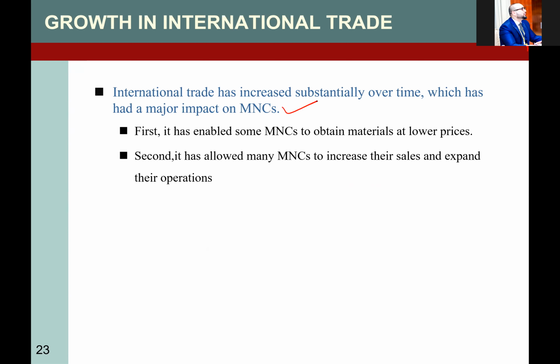Number one, it has enabled some MNCs to obtain materials at lower prices. Secondly, it has allowed many MNCs to increase their sales and expand their operations. So why is there an increase in international trade?